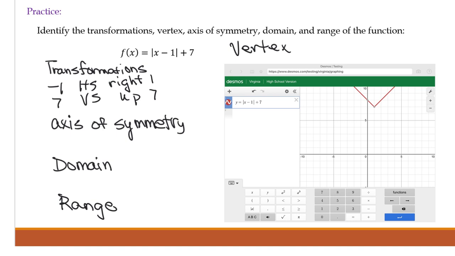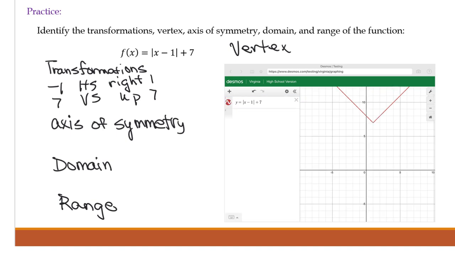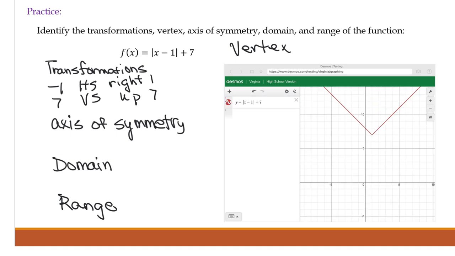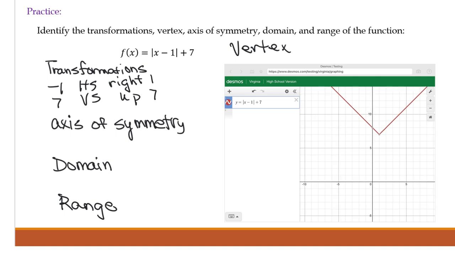Okay, and we can see that our graph is shown. It is a V shape. It has been moved to the right one, and it has been moved up 7. So I'm going to find my vertex point by clicking on this point. All right, and when I do that, that shows me that my vertex is at the point 1, 7.